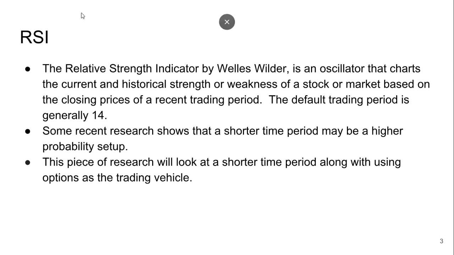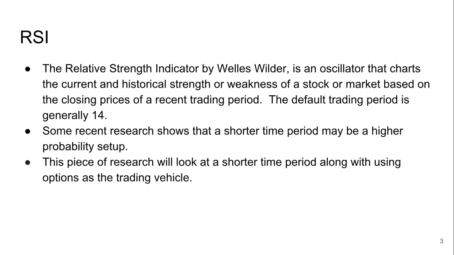What we're going to look at is the RSI as an indicator. The RSI, the relative strength indicator, was developed by Welles Wilder back in the 70s. It is, of course, an oscillator that charts current and historical strengths and weaknesses of price action in a stock or the market itself, and it's based on closing prices of a trading period.